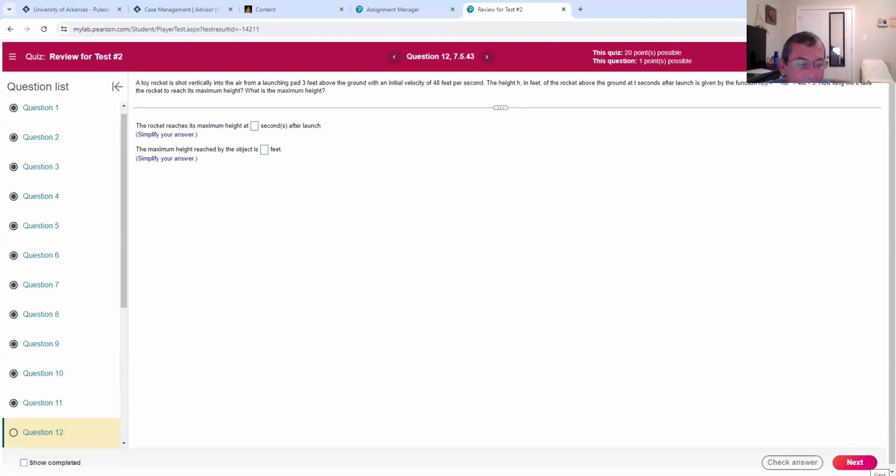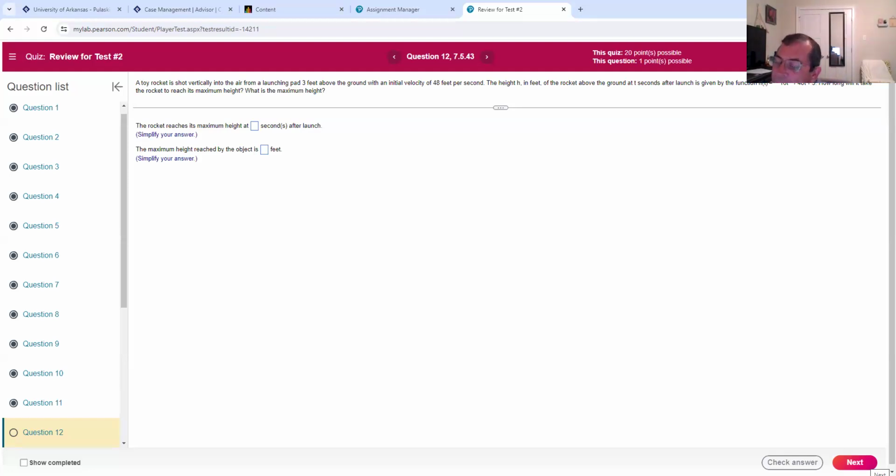All righty, so then you remember toward the end of the vertex stuff, they gave us this rocket problem. This one is on a launching pad 3 feet above the ground, initial velocity 48 feet per second. They say the height can be found using the function h of t, where h is the height and t is time.